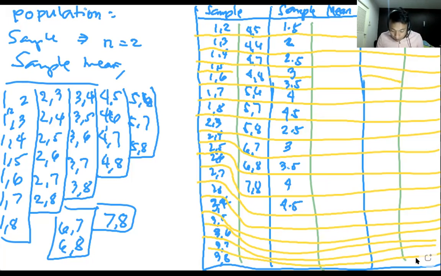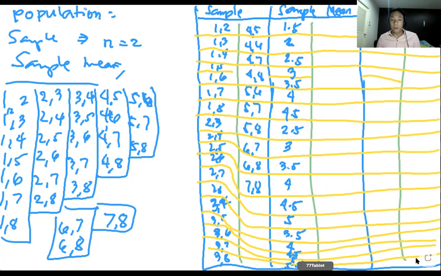And 2, 8, that's 10, so we have 5. And then 3, 4, that's 3.5. 3, 5 is 4. And then 3, 6, 4.5. 3, 7 is 5. And 3, 8 is 5.5.